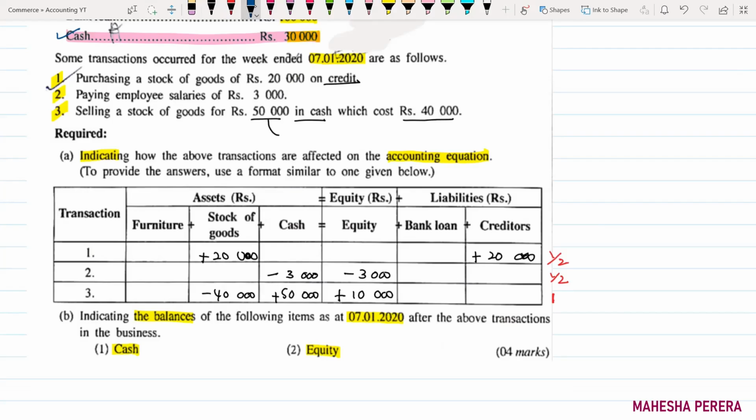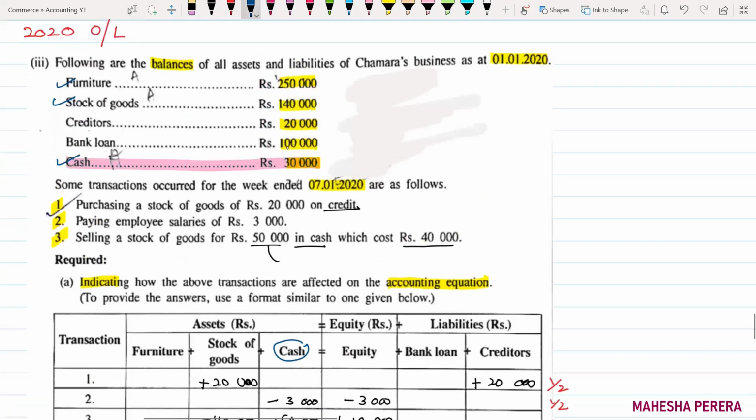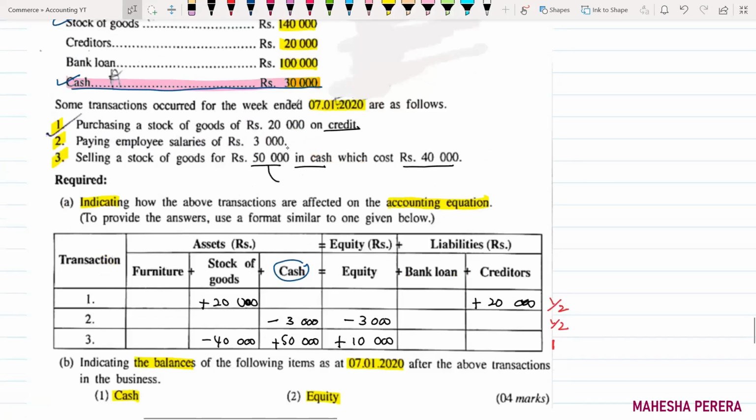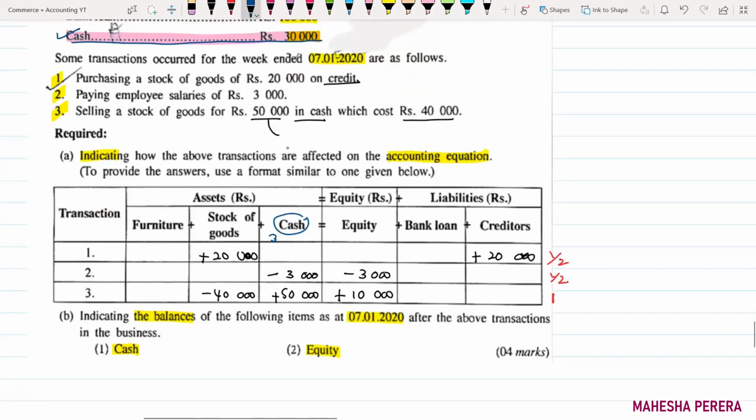What is the opening balance of cash? It's given up in the question. Here, the cash balance is 30,000 rupees. So you can write 30,000 here and try to calculate the closing balance. So 30 minus 3, it's 27.